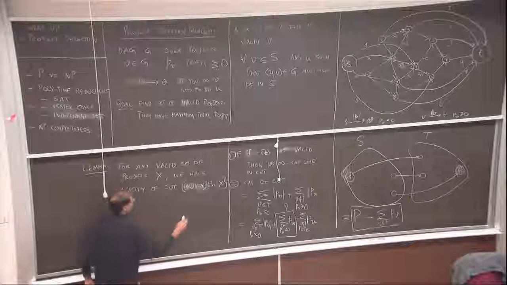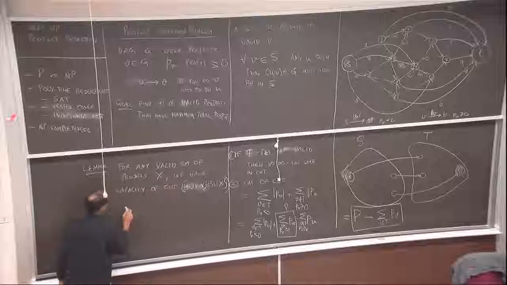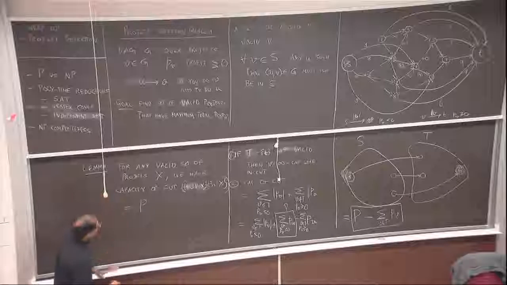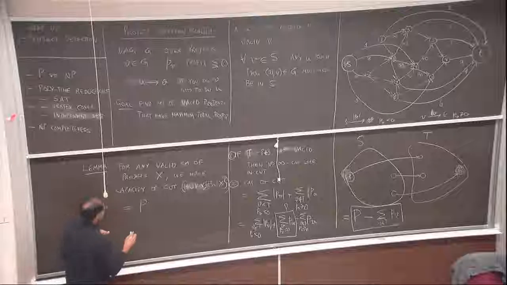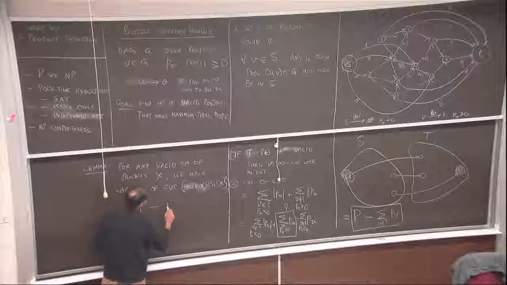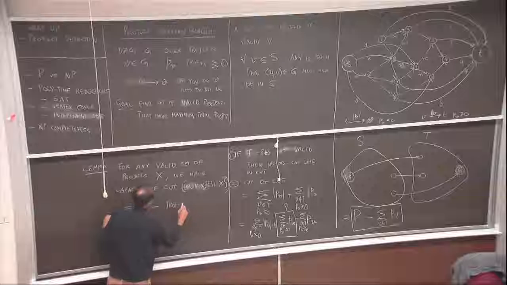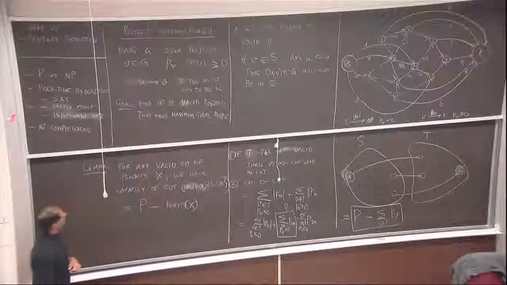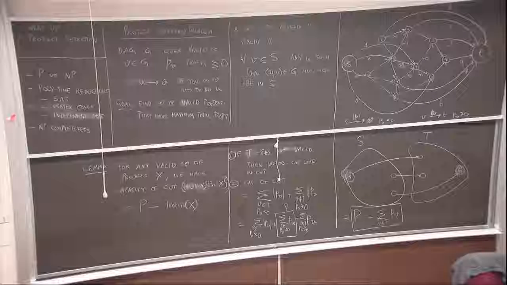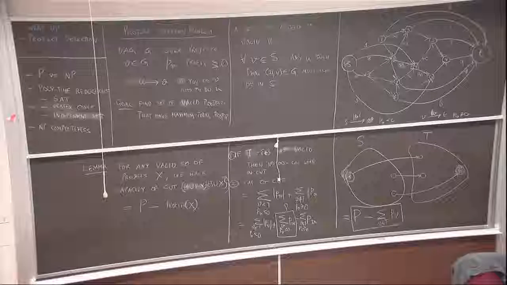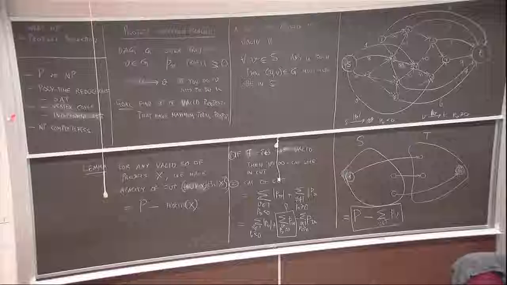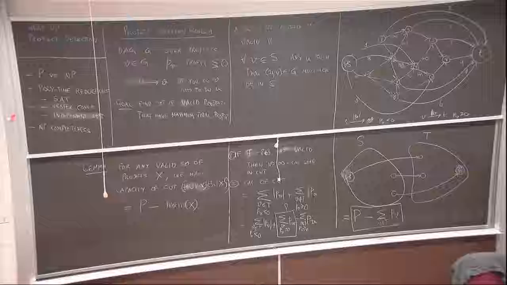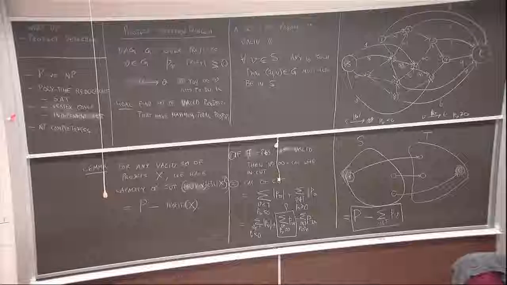So if you look at this cut, the capacity of this cut is exactly equal to the sum of all positive profits, which is some fixed quantity P, minus the profit of X. For any valid set of projects, the capacity of the corresponding cut is exactly equal to P minus the profit of X.